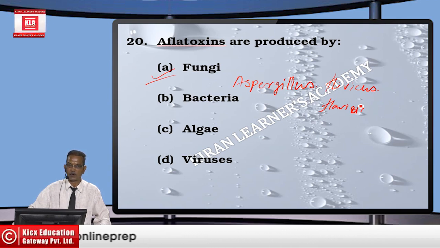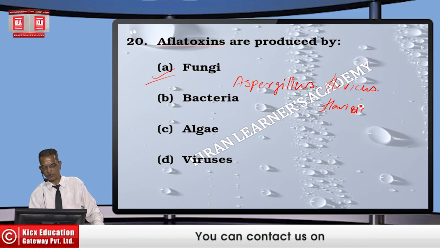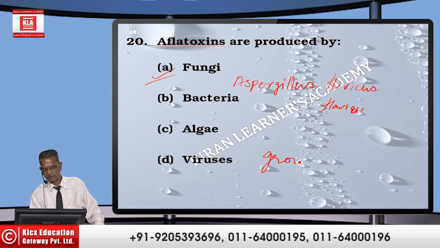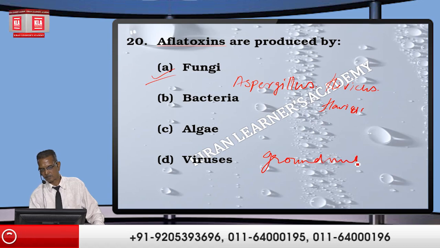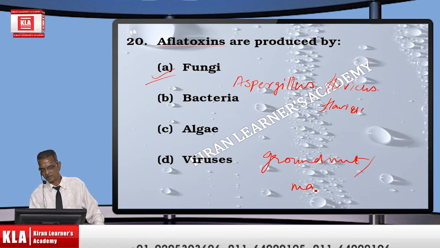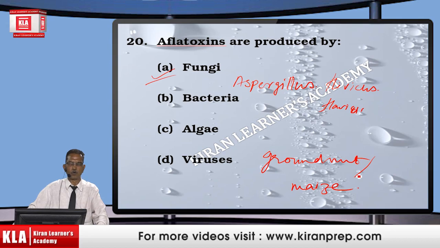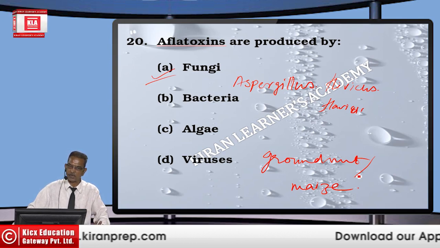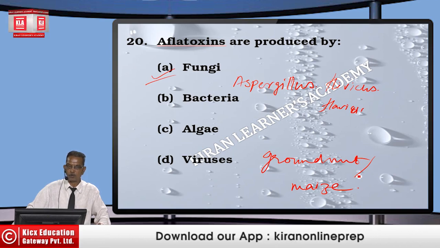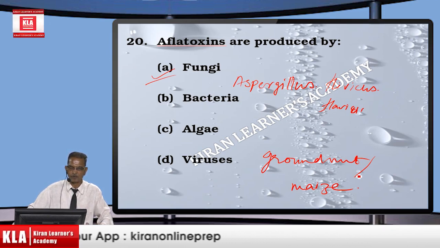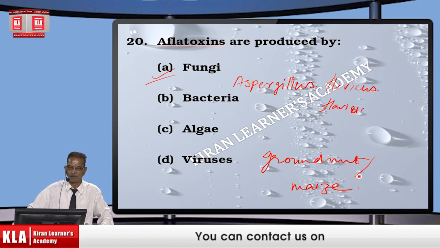Hence, one needs to be very careful, particularly if we are feeding on groundnut or maize. Groundnut or maize or their products are more prone to be infected with Aspergillus than other vegetable matters. But overall, all vegetable matters are prone to get infected with Aspergillus, which will produce aflatoxins, and if taken, they are going to harm the body.